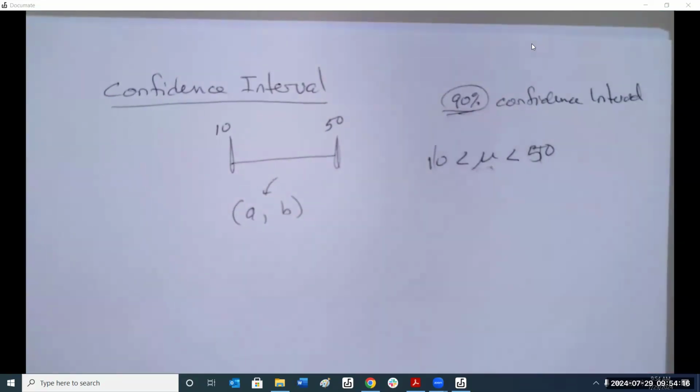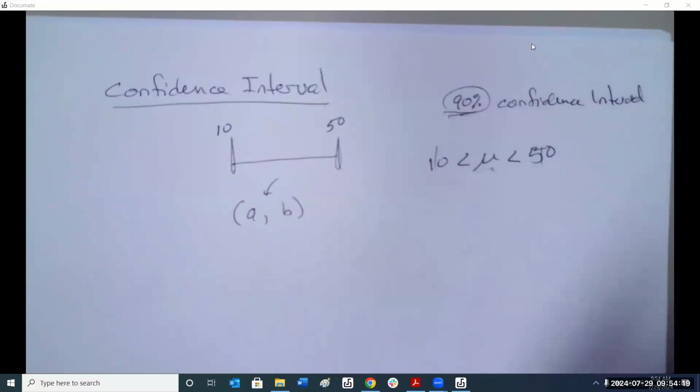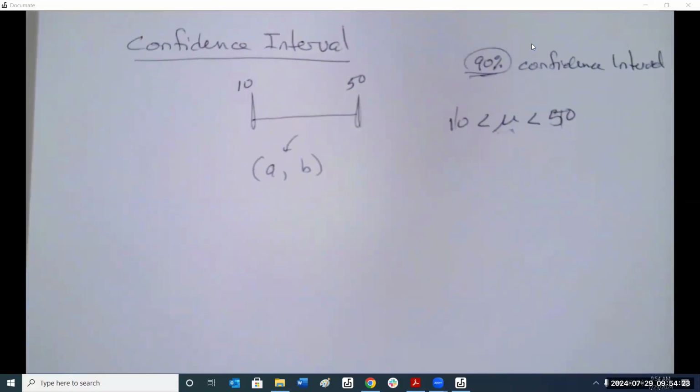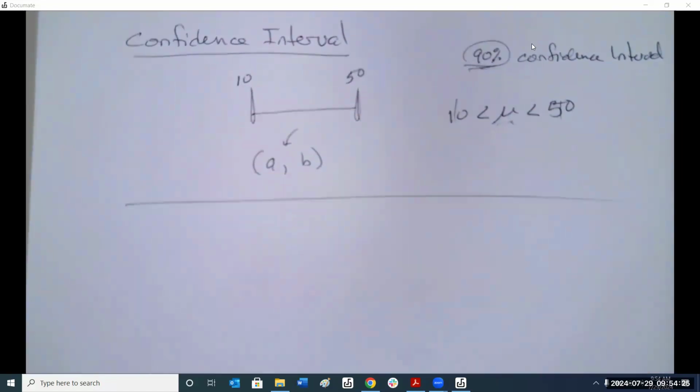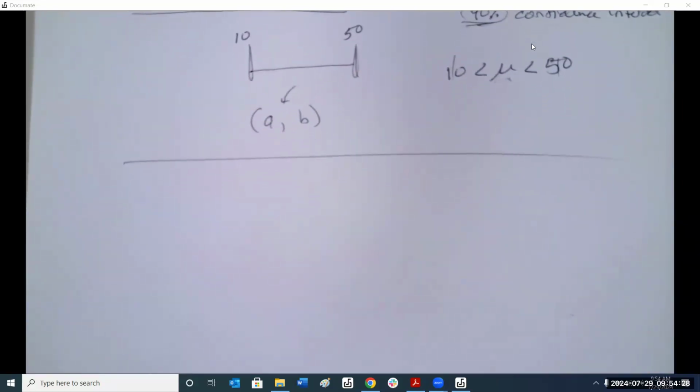We're 90% confident. The higher this number is, the closer the values come together. Usually, it doesn't always happen.